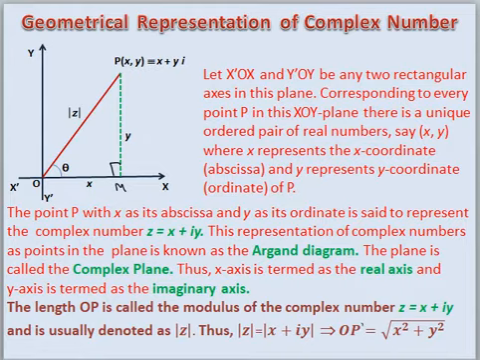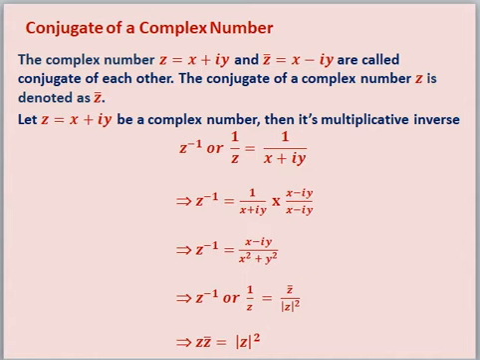Now coming to the conjugate of the complex number, if the complex number is denoted as x + iy, then another complex number of the form x - iy is termed as its conjugate. So both these complex numbers are conjugate of each other. And how they differ? Their imaginary parts will differ by a negative sign.